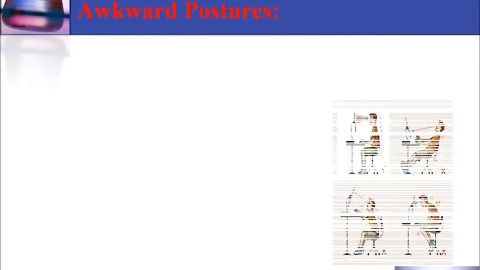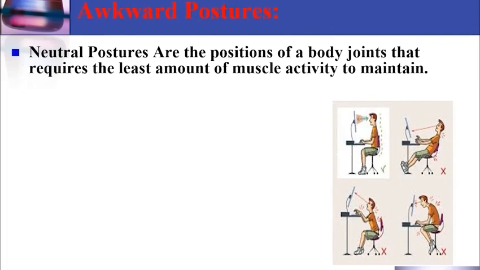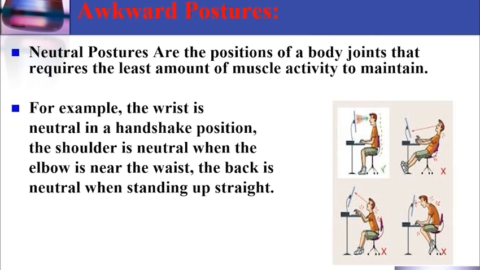Next, we're going to talk about neutral postures versus awkward postures. Neutral postures are the positions of a body joint that require the least amount of muscle activity to maintain. For example, the wrist is neutral in a handshake position, 90 degrees.